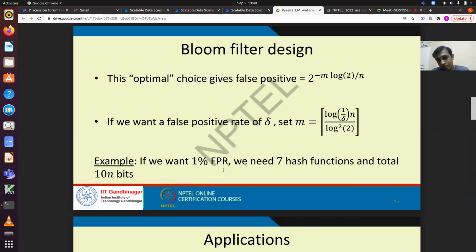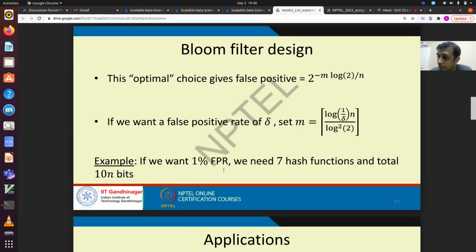Okay. Log 10. So, sir, what is that? Log 10 base 2, no? Just log 10 base 2. One second, I'm trying to find the answer. Sir, 3.32. So 3.3.